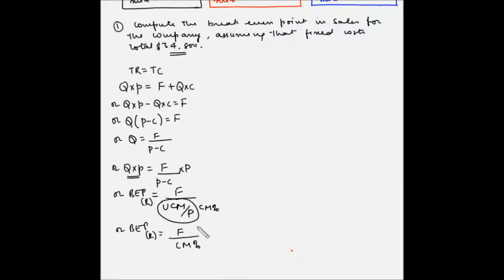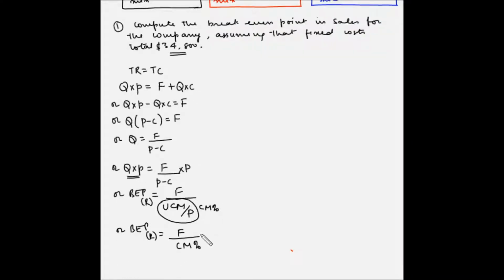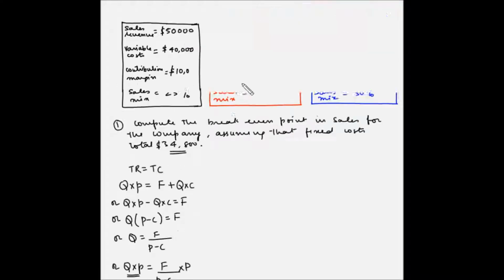Now in this case, we have been given the total fixed cost. However, we have different contribution margins for each of the product types. Hence, what we can do is find out the weighted average contribution margin percentage and then use that in this formula.